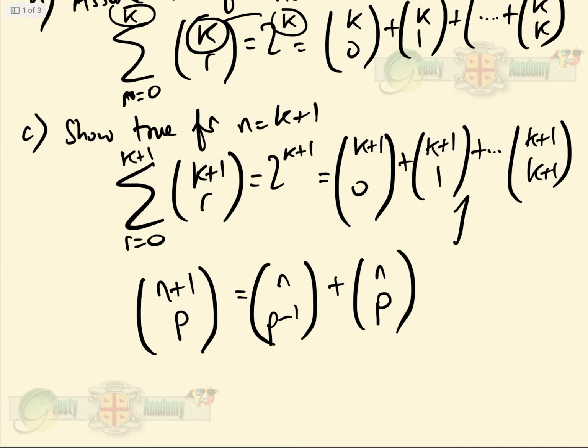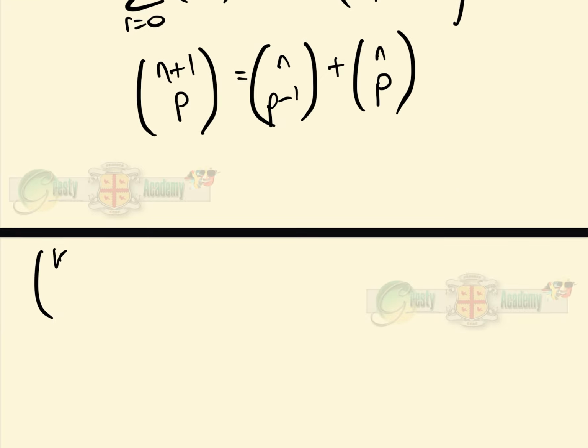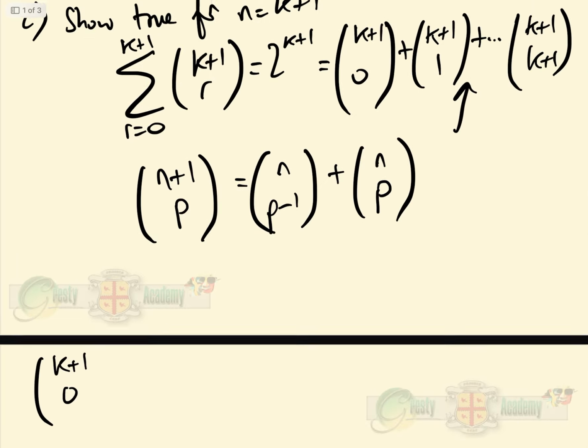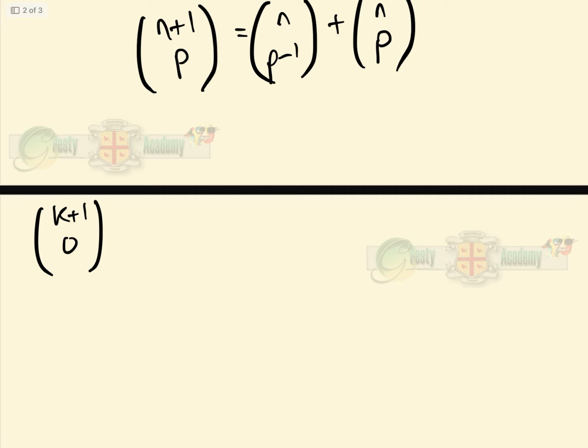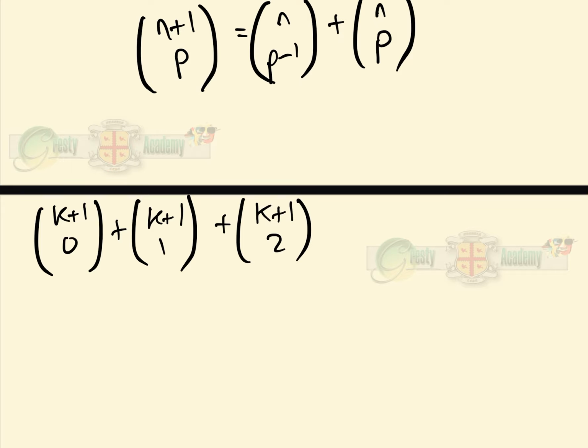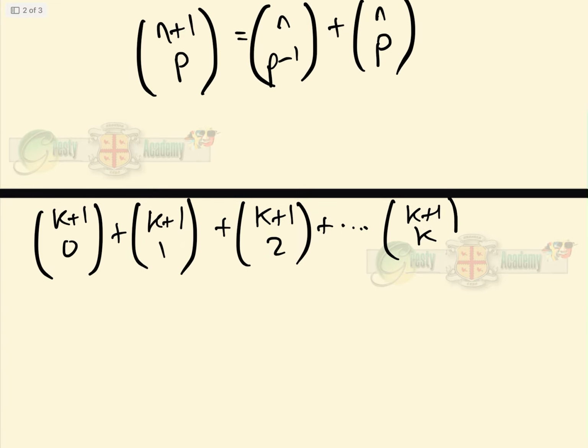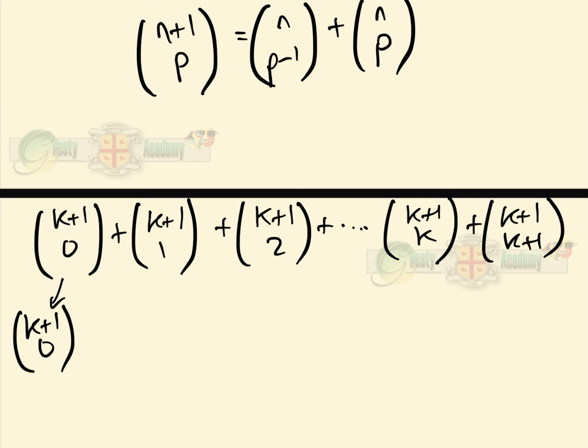Okay, so moving back to our sum, here we have k plus 1 0 add k plus 1 1 add k plus 1 2 add up to k plus 1 k, add k plus 1 k plus 1. That's basically what we're looking to sum. Okay, so let's leave this bit here, that's k plus 1 0, add.